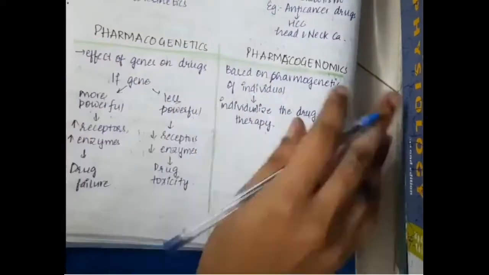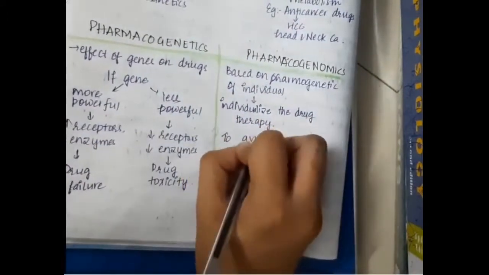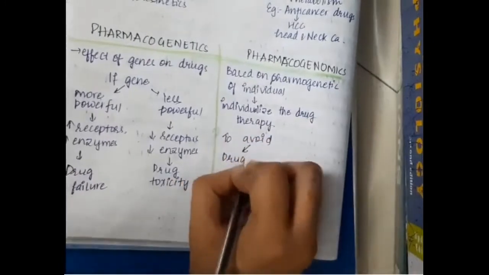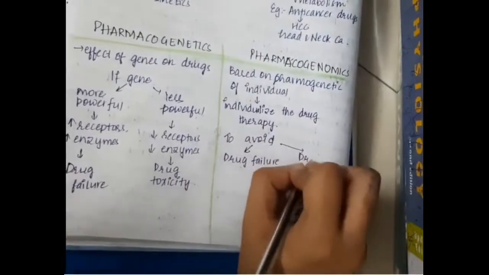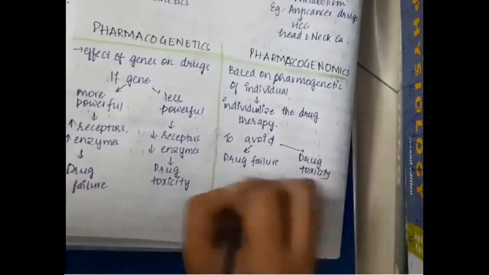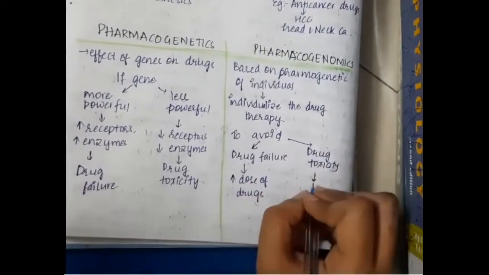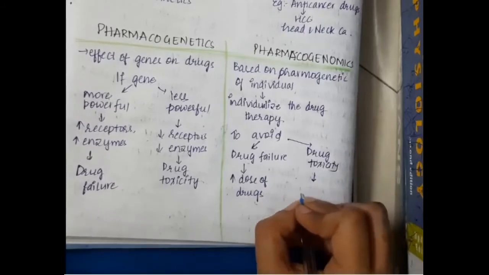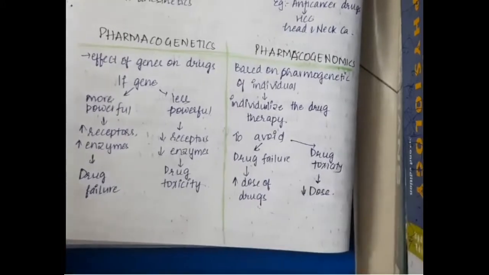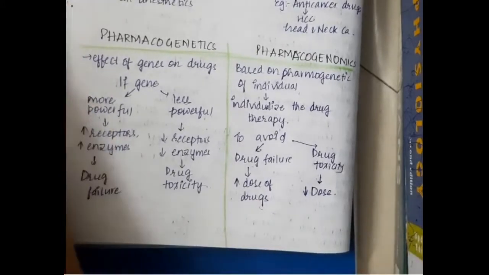To avoid drug failure, we increase the dose of the drug, and to avoid drug toxicity, we decrease the dose. All this comes under pharmacogenomics and pharmacogenetics.